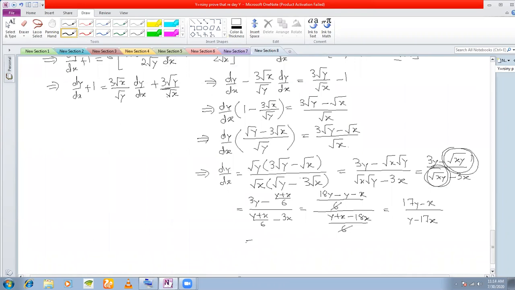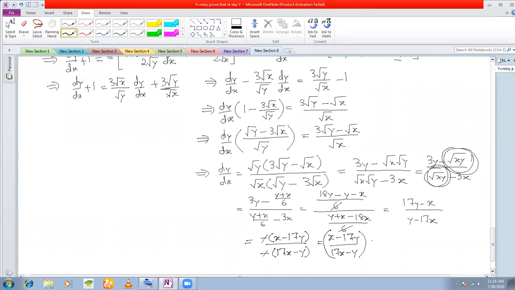You can take minus common: minus (x minus 17y) divided by minus (17x minus y). So this minus is cancelled. So you get (x minus 17y) divided by (17x minus y). See, check now whether I have got this.